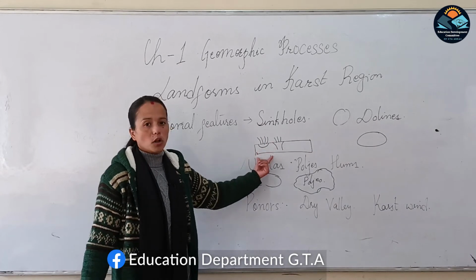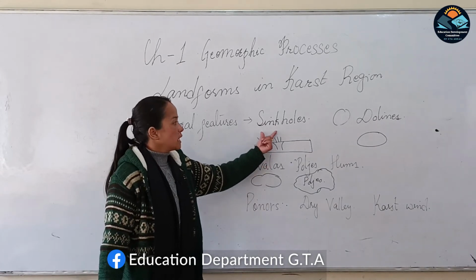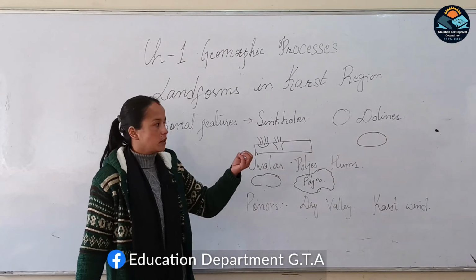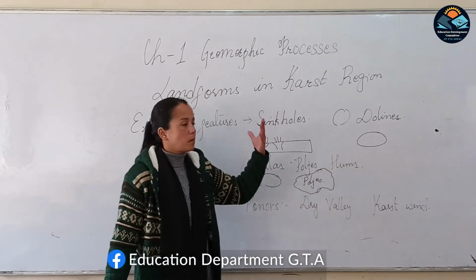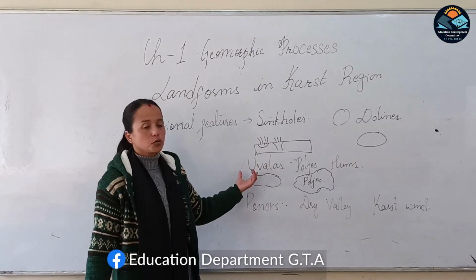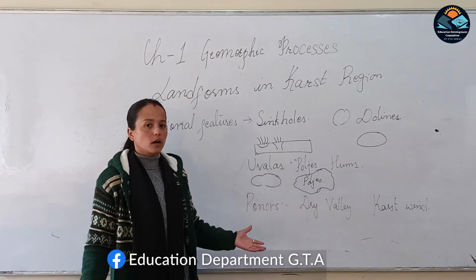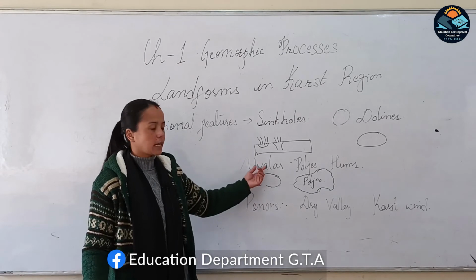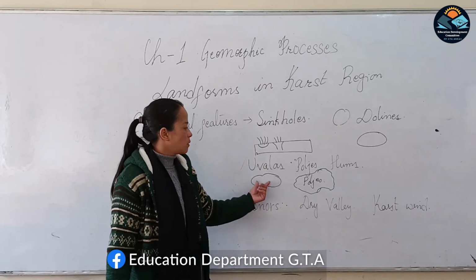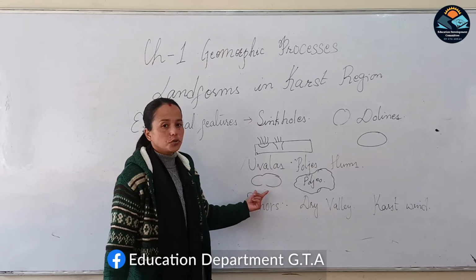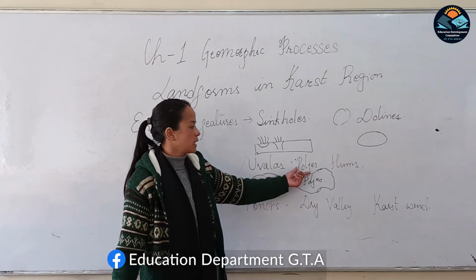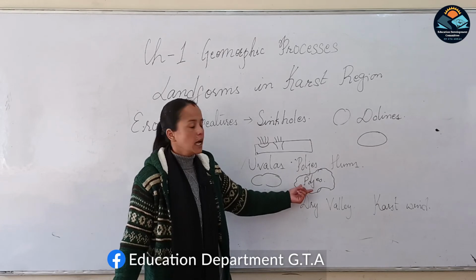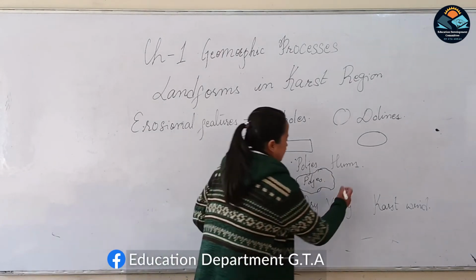When many sinkholes join together and make a bigger hole, they are known as dolines. When many dolines join together and another big hole is formed, that is known as uvalas. And when many uvalas join together and form a very big hole in the limestone region, that is known as a polje.